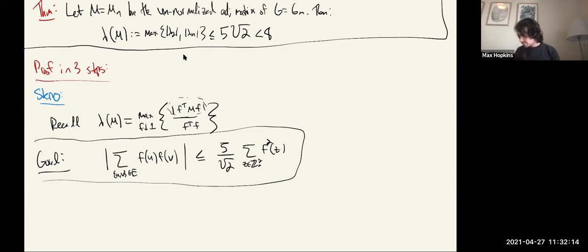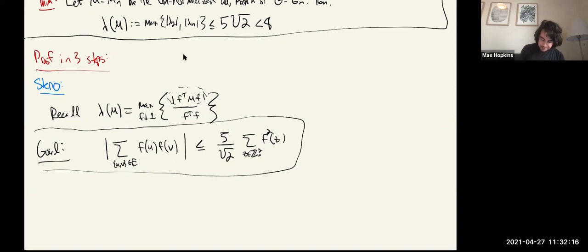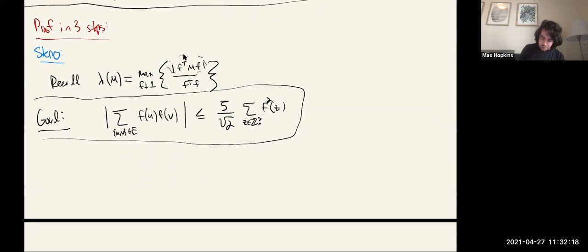And so what does this look like? Well, okay, so I'm claiming that an equivalent goal is the following, which is just expanding out the left-hand side. So I have a sum now over vertices z in Z_n squared of what? Well, we'll have f(z), and then we'll have the things that f(z) is connected to.